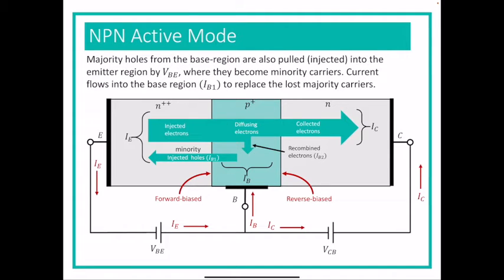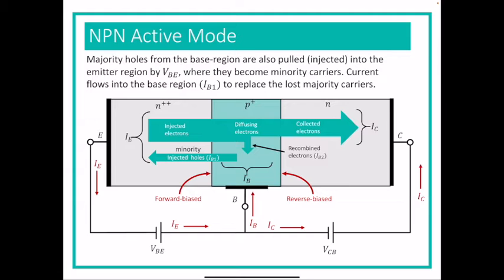The other thing that happens is majority holes from the base region also end up in the emitter region. Some of them do. They get pushed there. They become minority carriers. And so again, there's more base current that comes in to replace that.